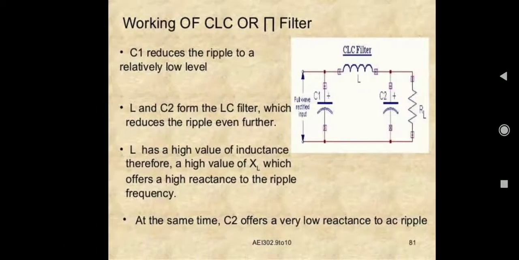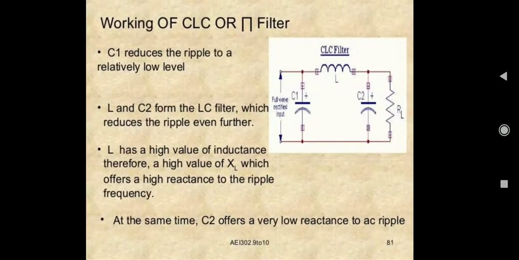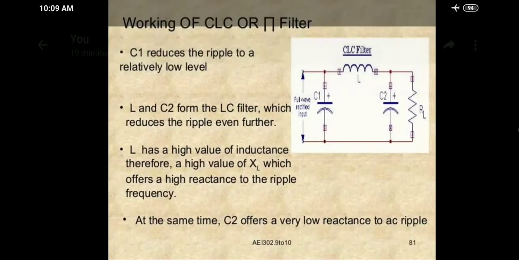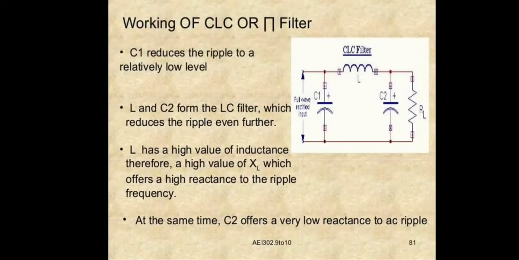Due to the use of three filtering elements, C1 the capacitor 1, then the inductor mentioned as capital L, and C2 the capacitor 2, the ripple factor of the pi type filter is very low as compared to the other filters.